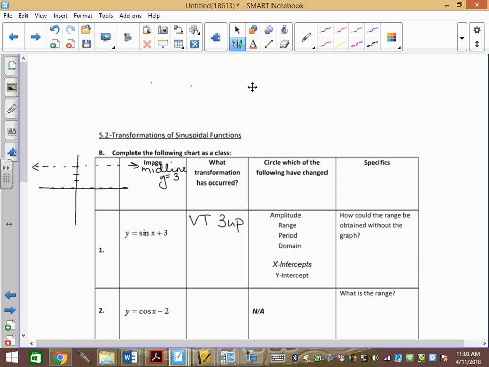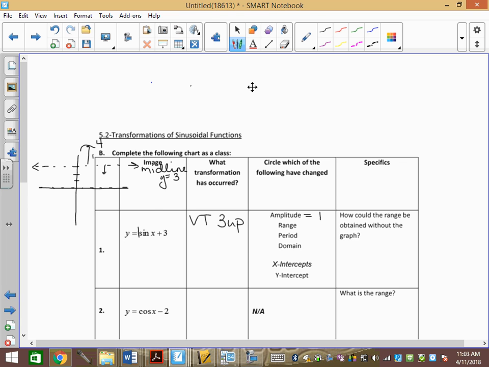We agree? And now our amplitude is still 1. It didn't change. Our amplitude is still +1. But our range will change, will it not? It's not going to be at 1 and -1 now. We move up 1, what's our max going to be at? 4. And what's our min going to be at?